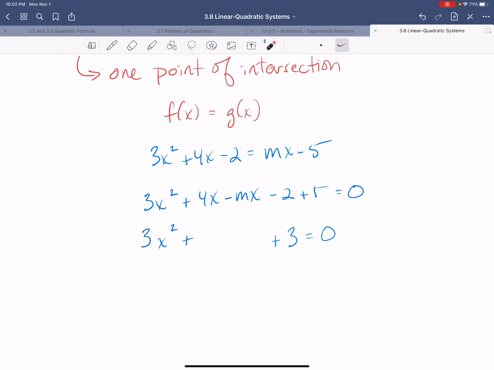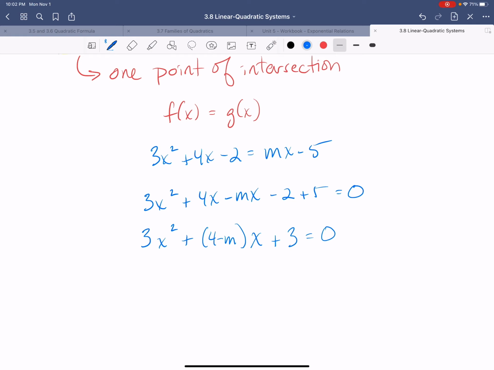But because it's m, I can't do that. So instead, what I can do is subtract 4 and m. So I'm going to say 4 minus m x. So if I knew what m was, I could subtract it, but I don't. So I'm just going to say 4 minus m.